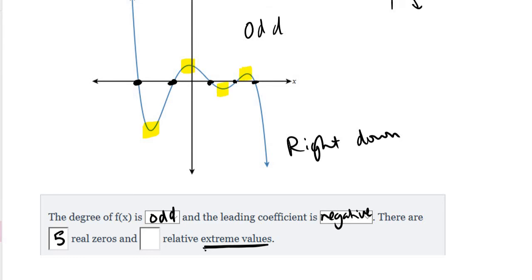Another, that's 4. These 2, let me shade in blue, are relative maxima, and these other 2 in yellow will be relative minima. So there are 4 extreme values altogether.